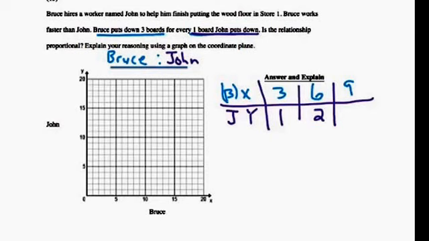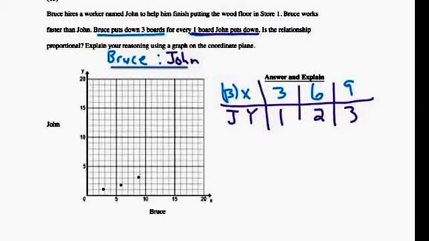14. What does the point 0, 0 represent in terms of the situation being described by the graph you created in 13? So remember that this point, any dot on a graph, is a complete sentence written in algebra describing Bruce laying down floorboards and John laying down floorboards.